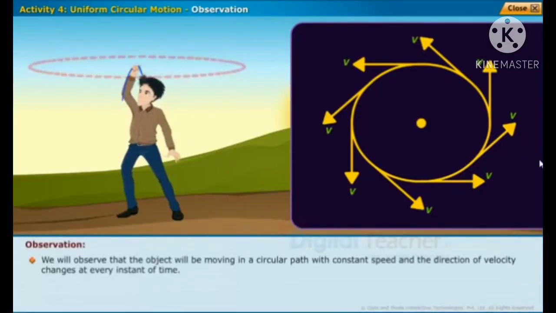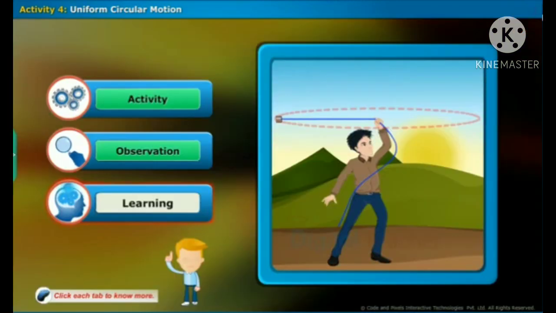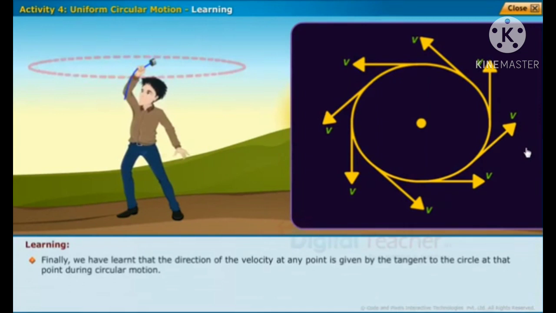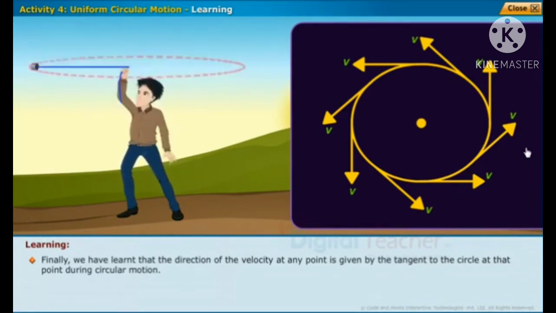We will observe that the object moves in a circular path with constant speed, and the direction of velocity changes at every instant of time. Finally, we have learned that the direction of the velocity at any point is given by the tangent to the circle at that point during circular motion.